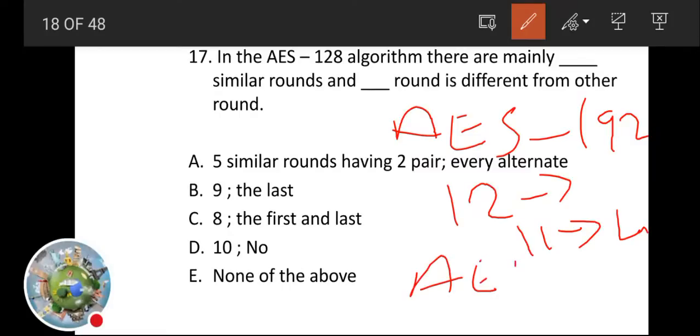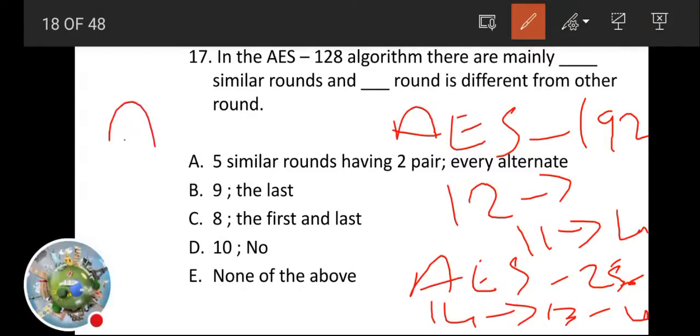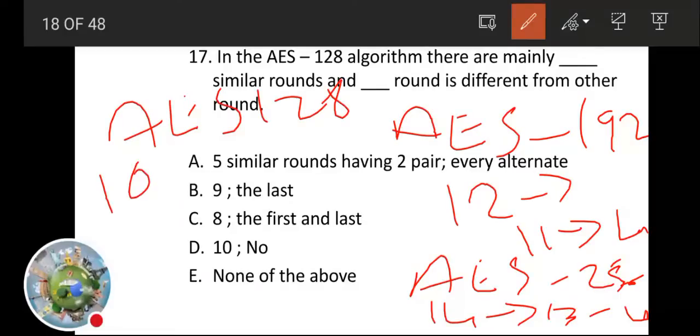AES 256 uses 14 rounds, 13 rounds are similar and the last one is different. Then the AES 128-bit algorithm uses 10 rounds, in which 9 are similar and the last one is different. So the answer will be B.